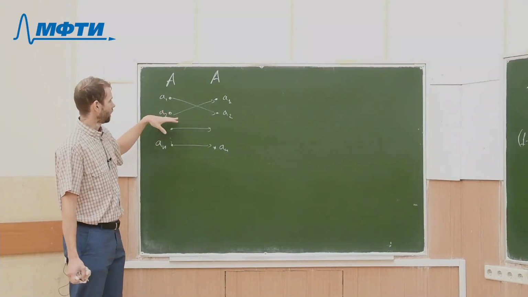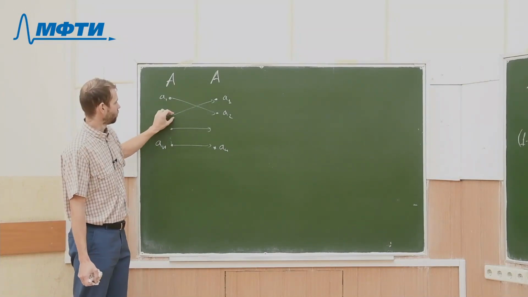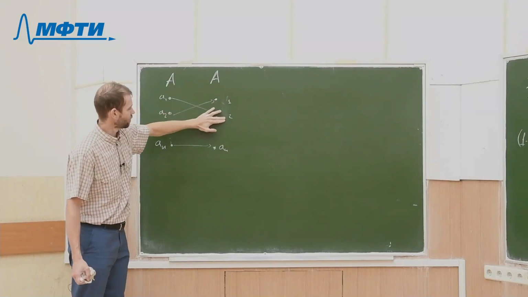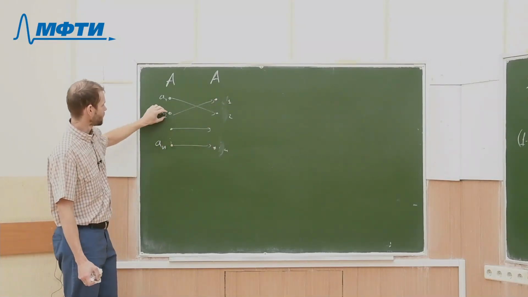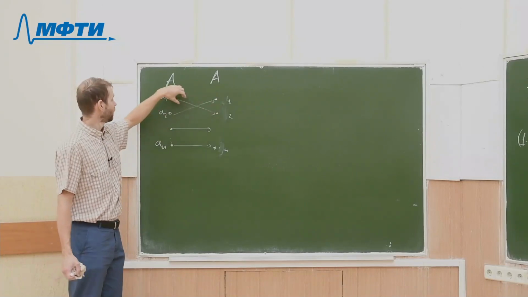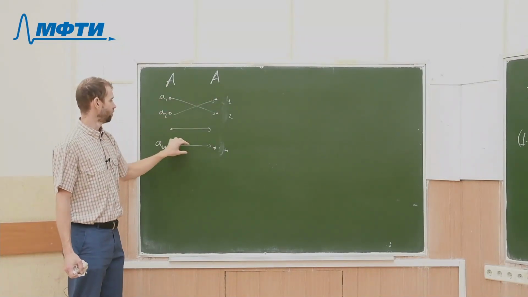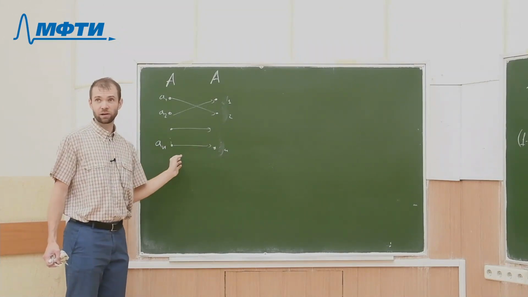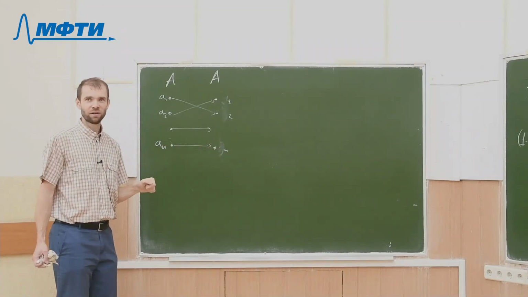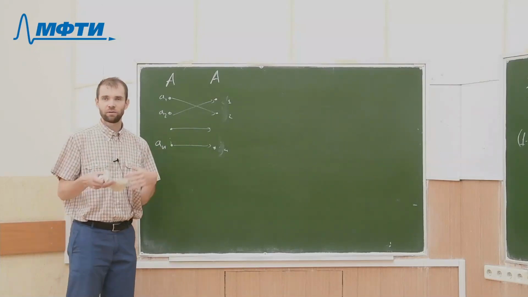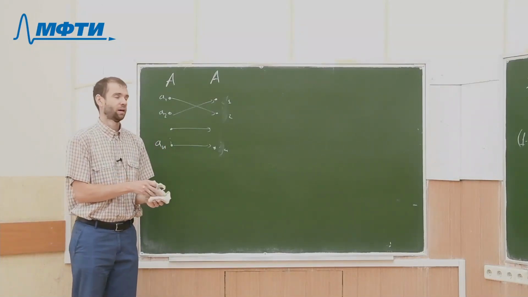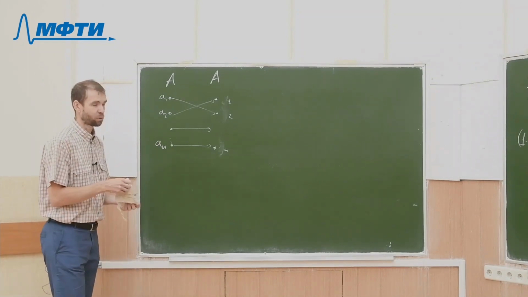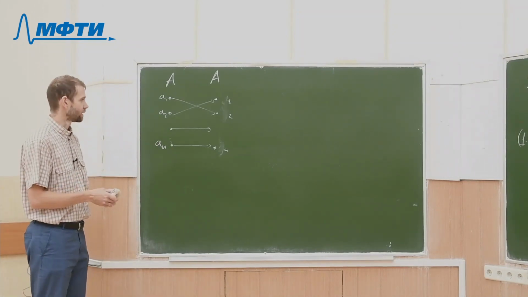So now this guy is the first in the queue, this guy is the second in the queue, and so on. This guy stays the last one in the queue, according to this picture. So we are actually reordering our objects when we consider a permutation on a finite set.